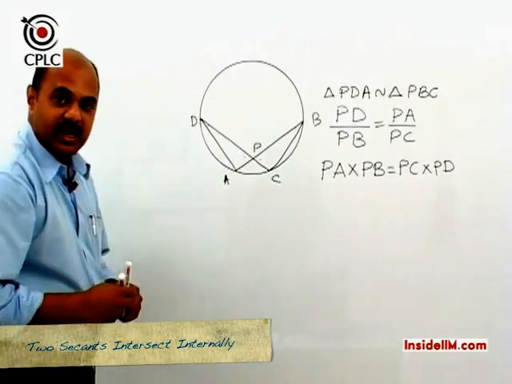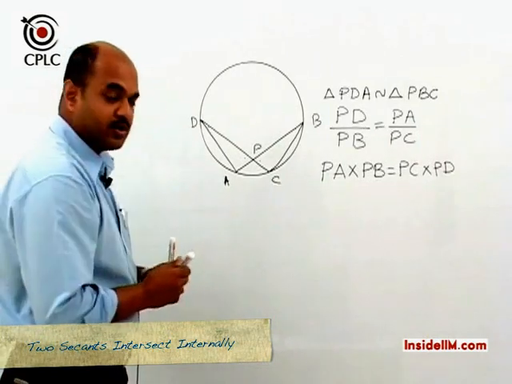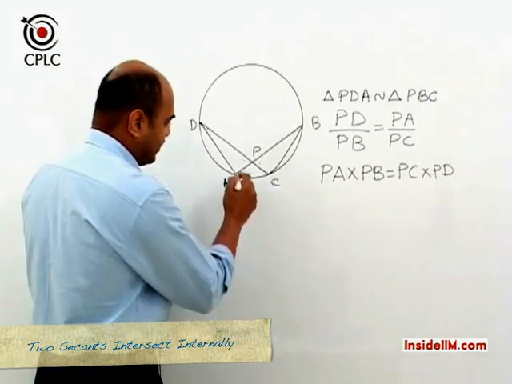Now let's try and understand the property with respect to angle at the point of intersection.